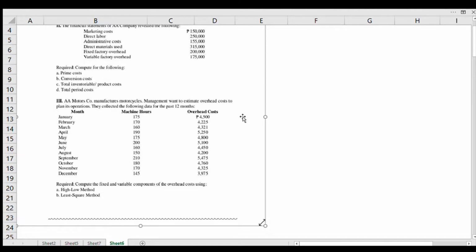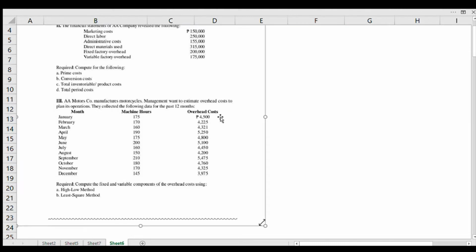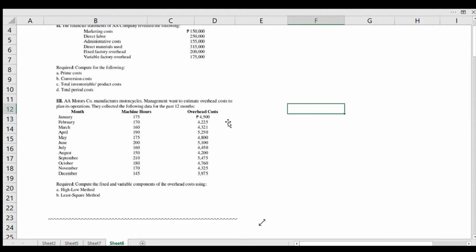Meron tayong tinatawag na fixed cost at saka variable cost. Mix yan. Kumbaga, at a certain level, a certain cost is constant, and at a certain level beyond that particular level of activity, yon nag-i-start na siyang mag-accumulate.